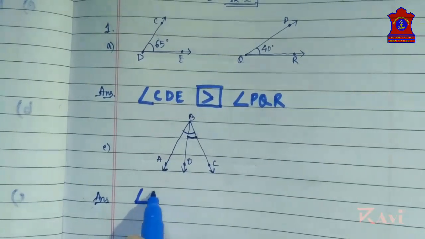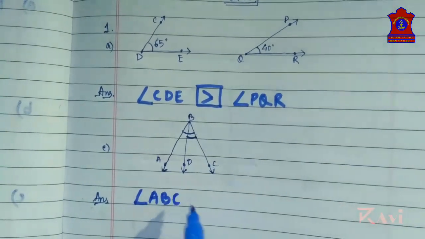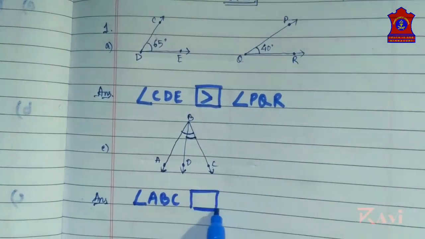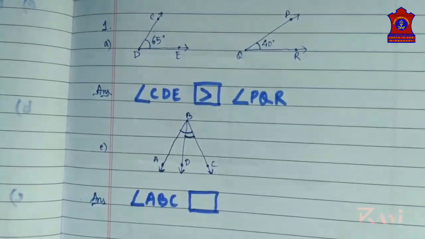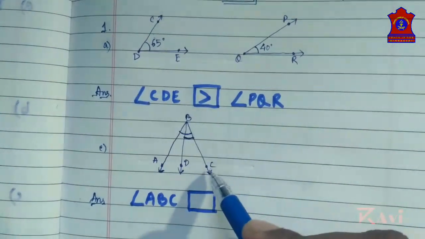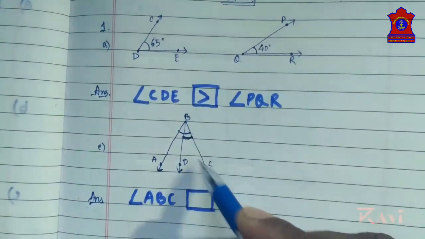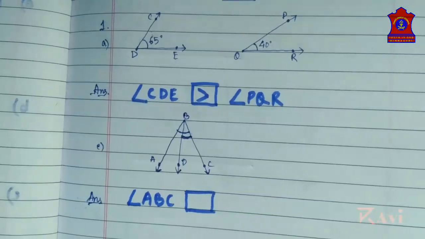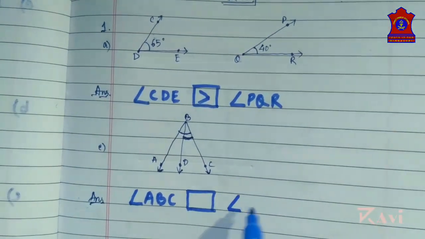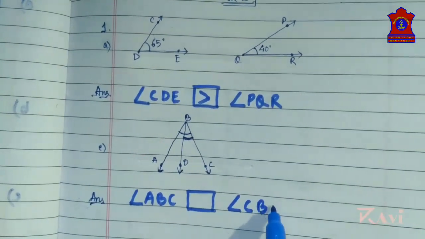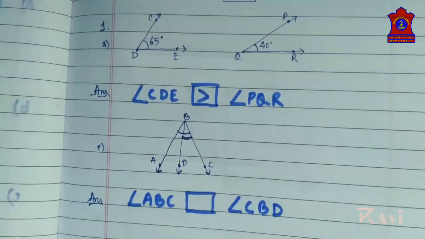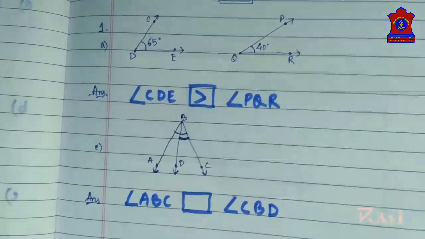Angle ABC. Make a box. And then angle CBD. See this angle, CBD. Write it. Angle CBD. Now just look at it carefully. Which is greater?